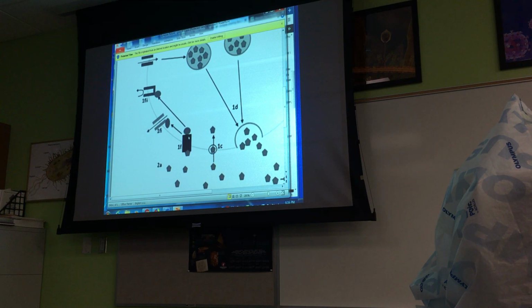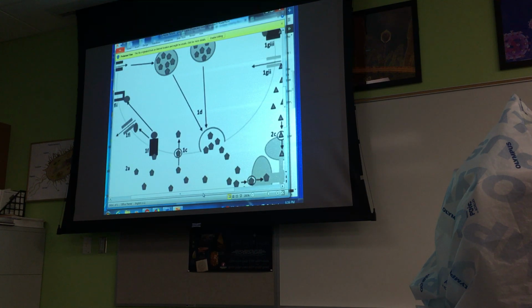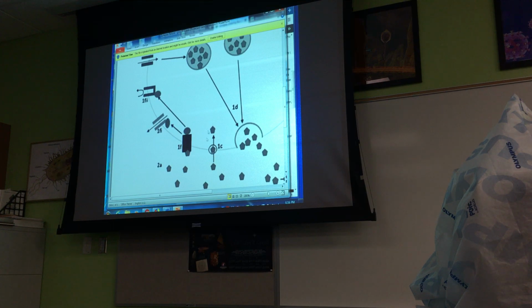So an autoreceptor means it's binding itself, not binding the next neuron over. The autoreceptor is basically a self-regulating mechanism.